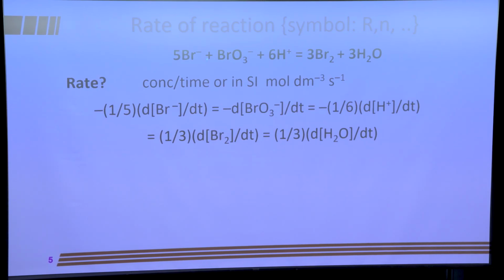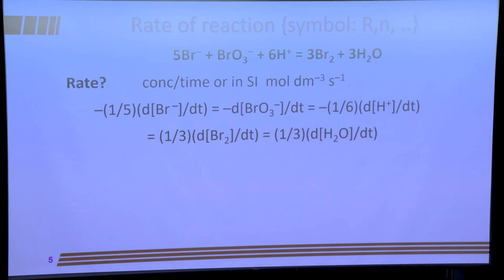So just think about it. According to this equation, it says 5 moles, or 5 molecules, or atoms of Br minus in this case, plus 1 molecule of BrO3 minus, plus 6 hydrogen ions react together to produce the products, right?